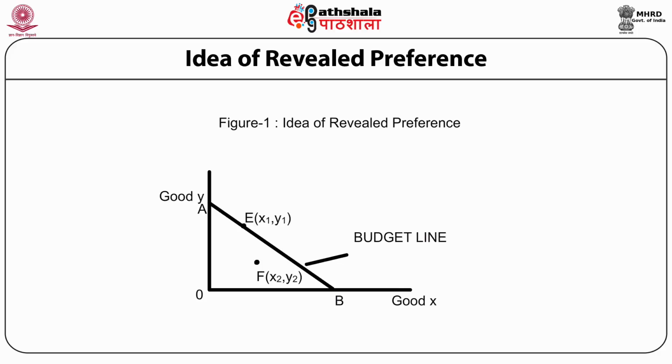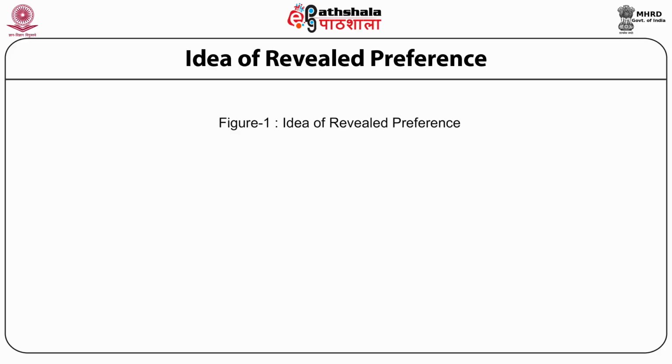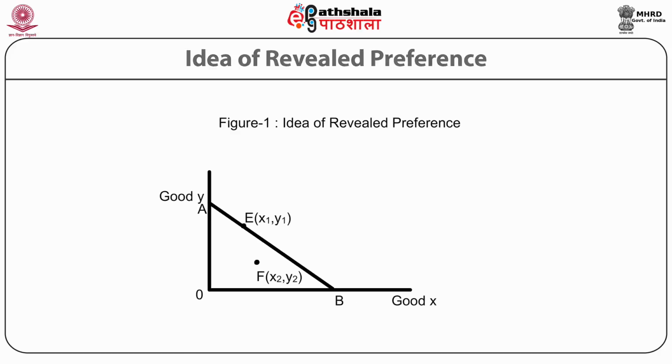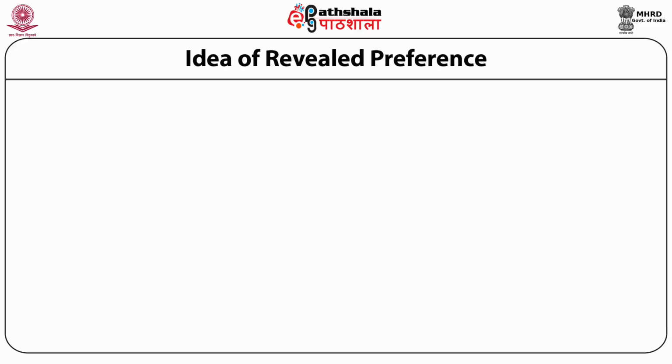Or in other words, the available bundles that were not chosen are revealed worse than the demanded bundle. Now, you can infer something on preference from this revealed preference, or you can draw some conclusions about the preference of the consumer from this idea of revealed preference that we just discussed.